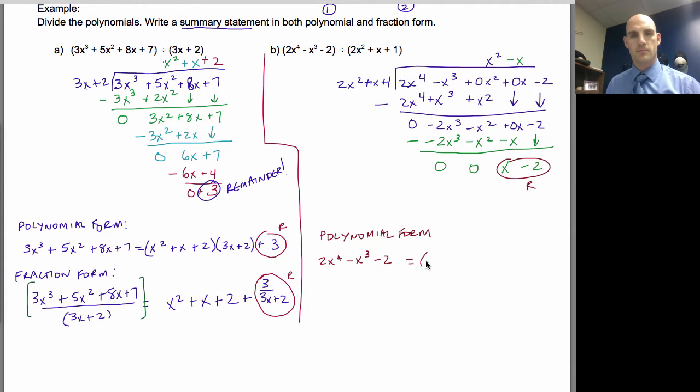So here we go. 2x squared plus x plus 1 times x squared minus x plus x minus 2. That's my polynomial form. So see, I've got my polynomial here. This is a factored polynomial plus another polynomial. No fraction. My fraction form is going to look a little bit different.